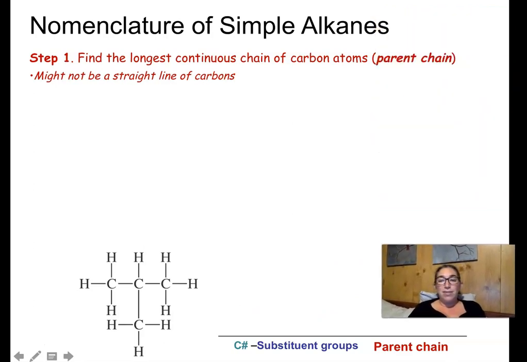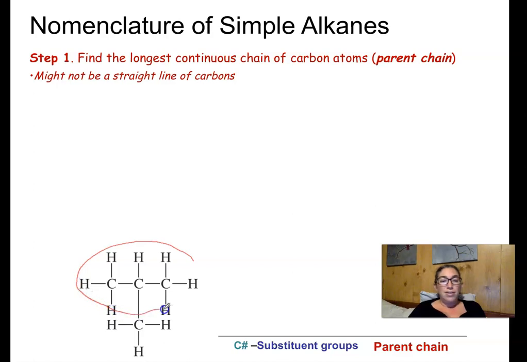I'm going to move my face around here. Okay, so the parent chain, can I change my pen color here? I can't. Okay, so the parent chain I'm going to do in red to match this. So the parent chain of carbons, and I'm also going to circle the hydrogens it's connected to.